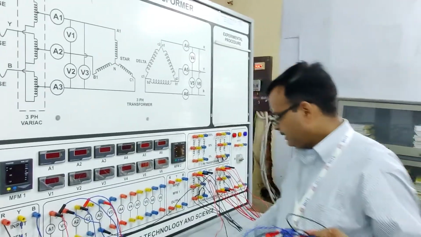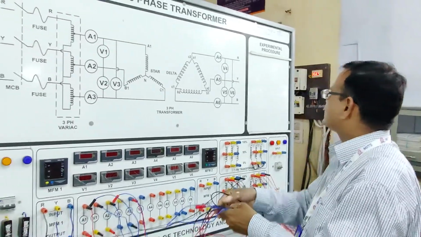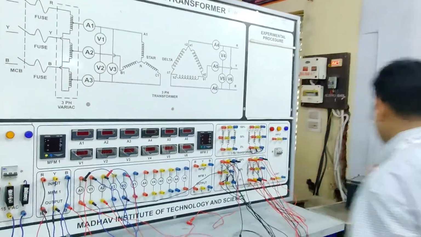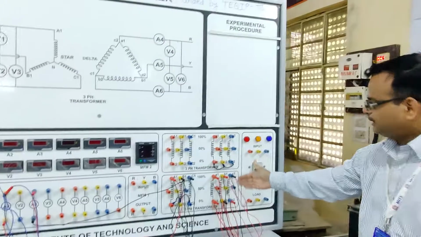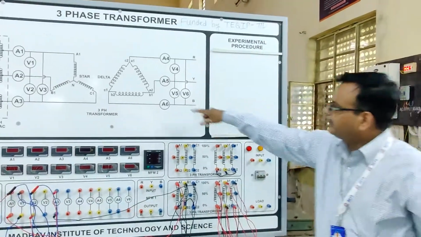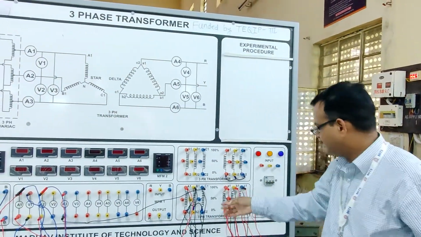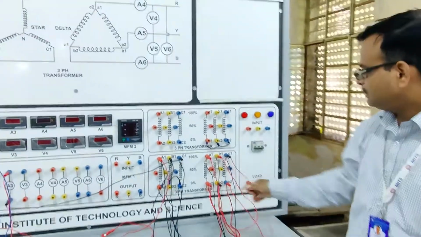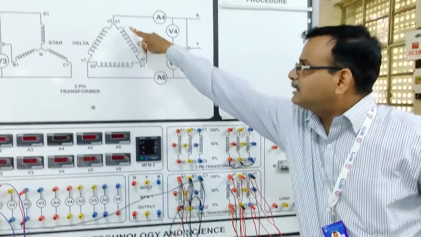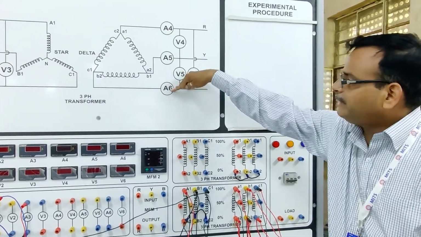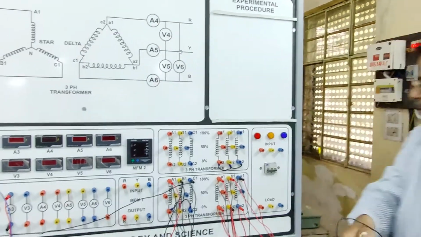Now go on to the secondary side. On the secondary side, these are the secondary winding terminals, and these windings are connected in delta fashion. Delta fashion means like this, A2, C1 zigzag connections, and these terminals are connected to A4, A5, A6. These are 3 ammeters connected here.